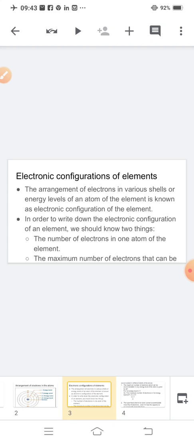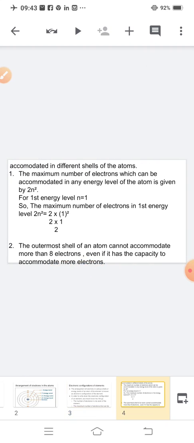Second, the maximum number of electrons that can be accommodated in different shells of the atoms. Clear? The maximum number of electrons which can be accommodated in any energy level of the atom is given by 2n square. The outermost shell of the atom cannot accommodate more than 8 electrons even if it has capacity to accommodate more electrons. Clear?